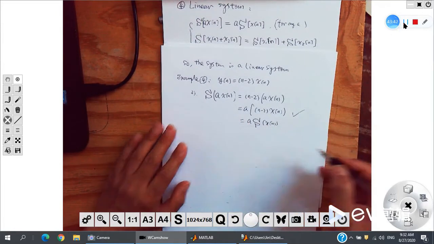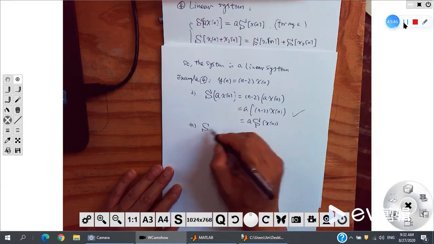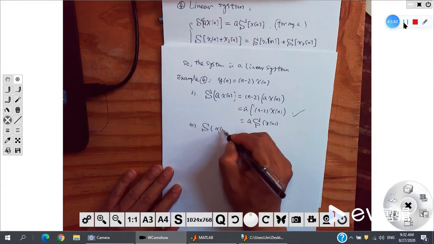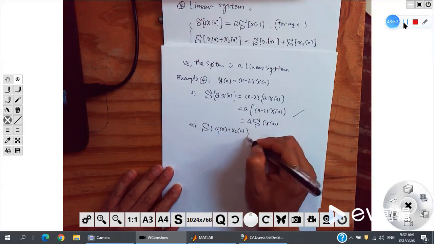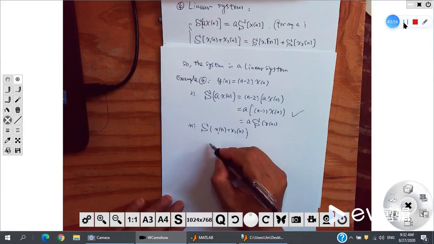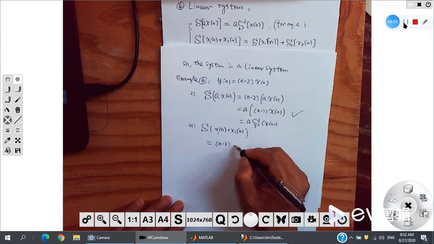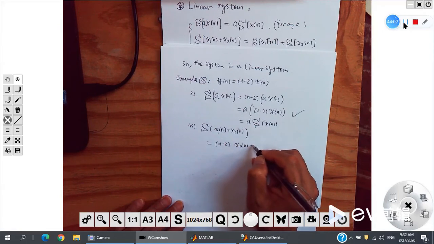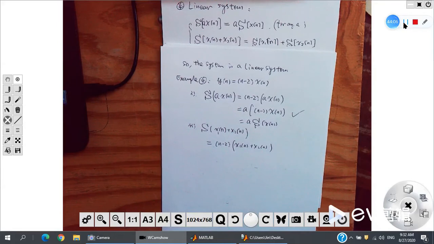And the second, we want to check this one, x1 plus x2. We have two signals as input, right? We do the summation as input. What will happen? The output will be n minus 2 times the input. It still works, right?